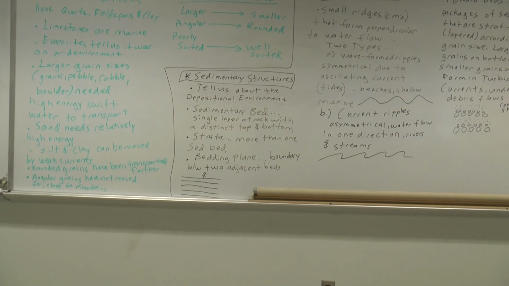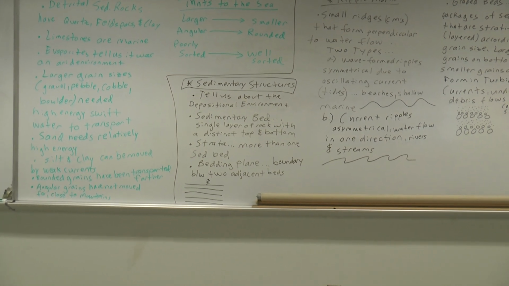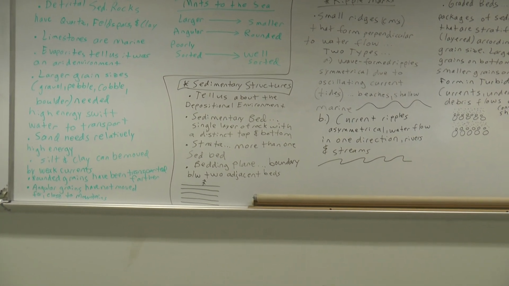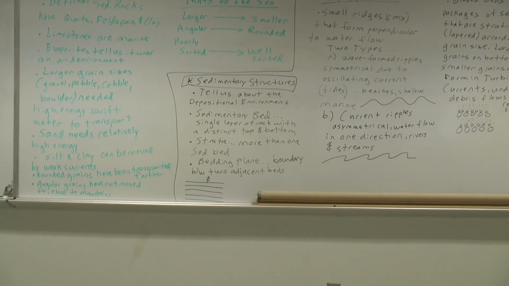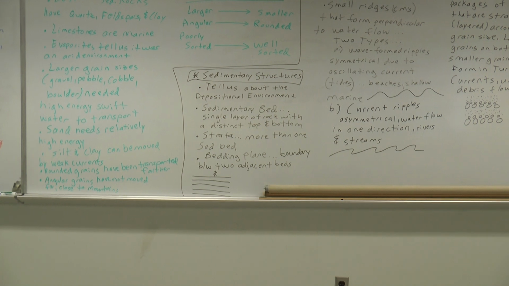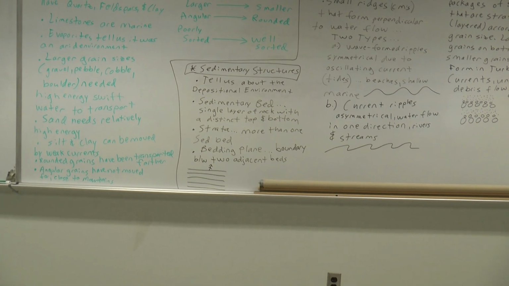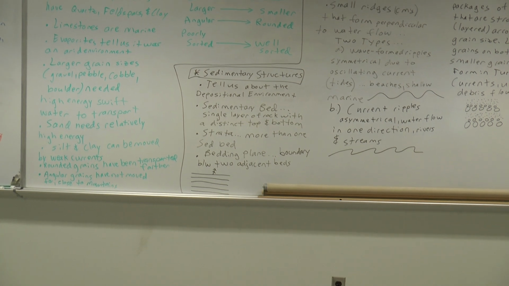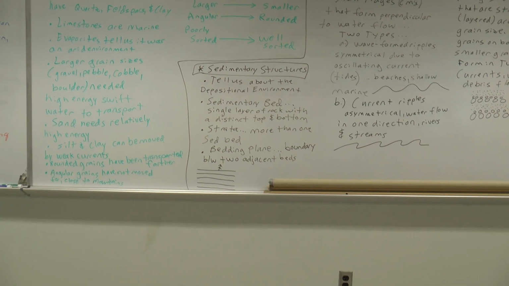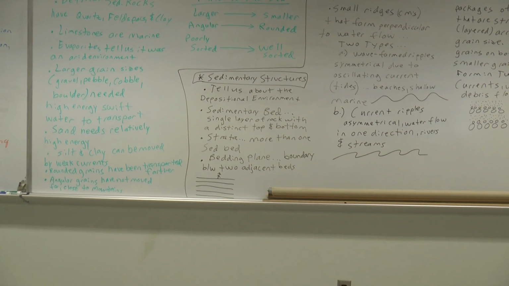I have a drawing there of some layers of rock. The Charlie Brown Christmas tree there always tells us where the ground surface is. Each of those layers of rock is a sedimentary bed. You take it all together, there's several of them there, we call that strata. And then the line, the boundary in between each adjacent sedimentary bed is a bedding plane. So we see beds, bedding planes, and strata all on this one drawing.